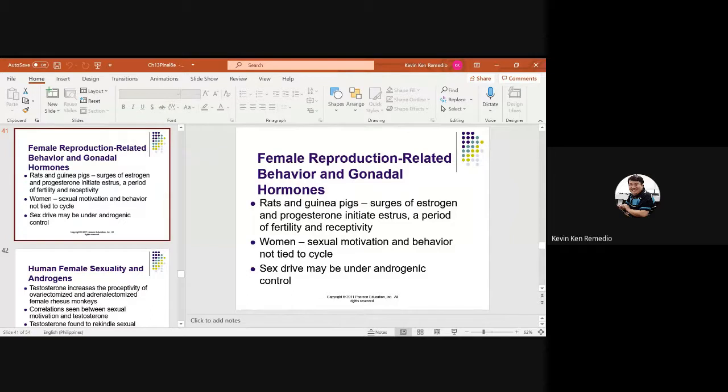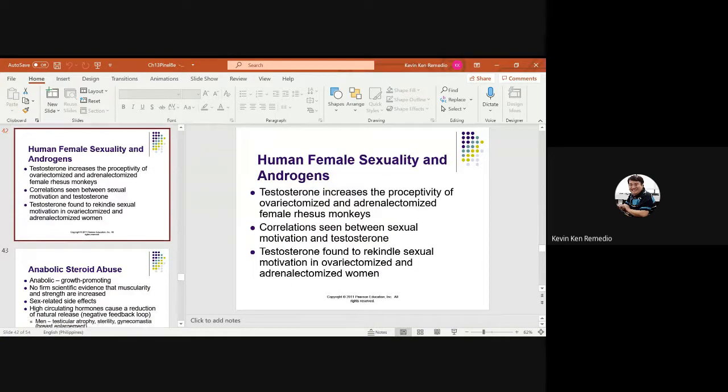So again, based on the researches that have been conducted, the sexual motivation for females and their behavior is not tied to their menstrual cycles. Okay? Human female sexuality and androgens.